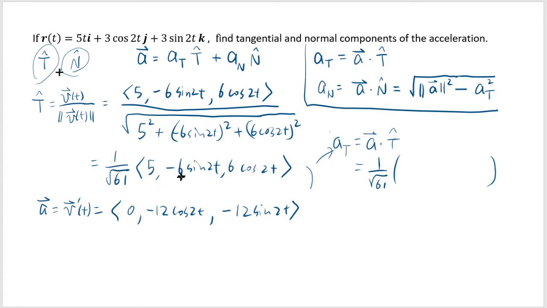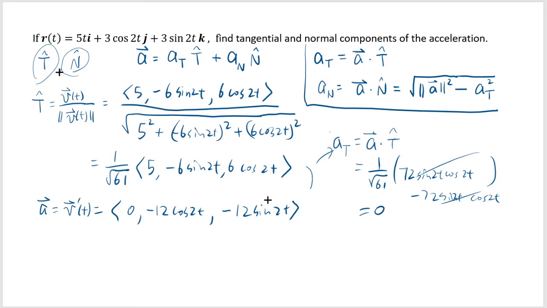This one's just 0, but negative 6 times negative 12 is 72 sine 2t cosine 2t, and then this is negative 72 cosine 2t sine 2t. Oh, but they cancel each other, so you get 0.